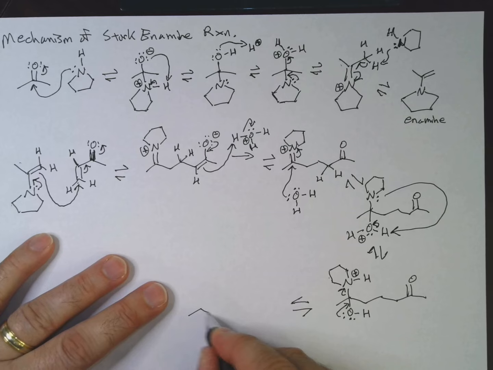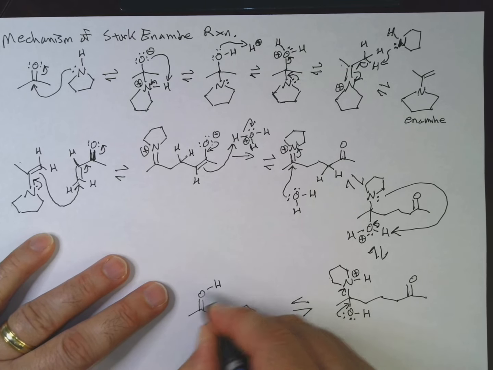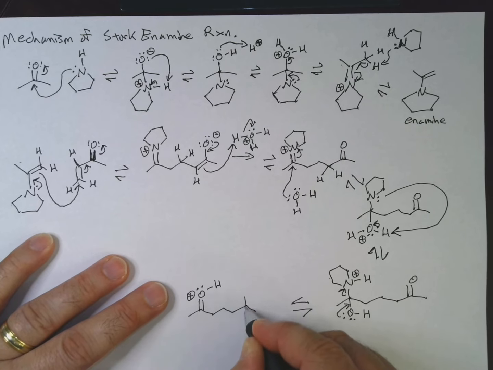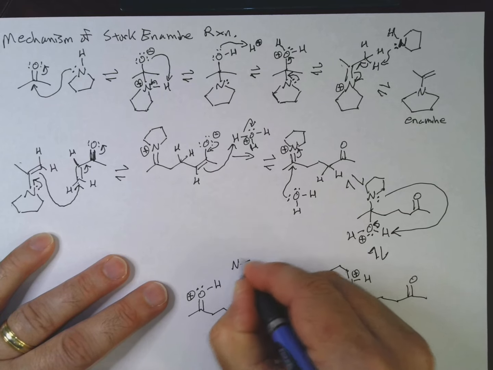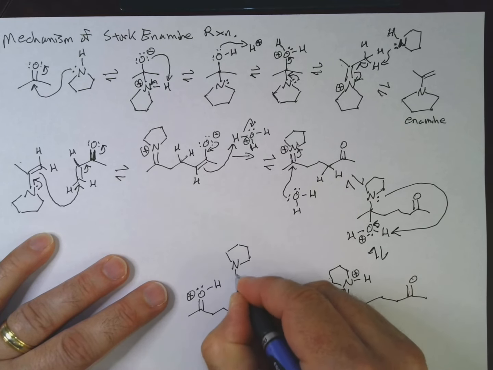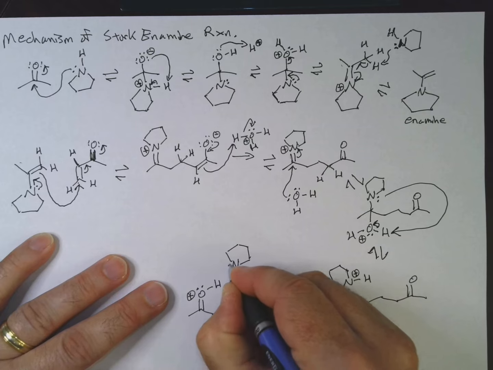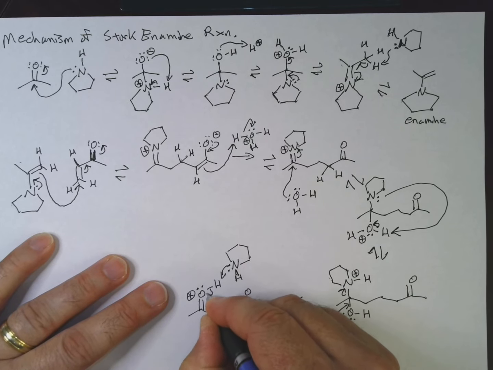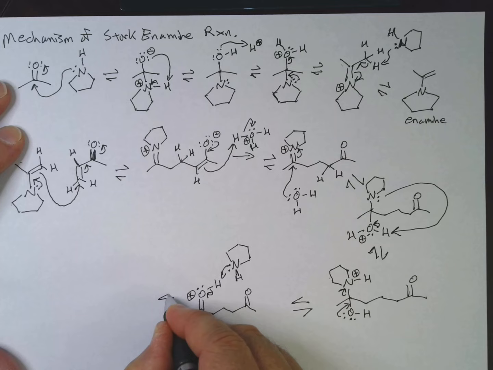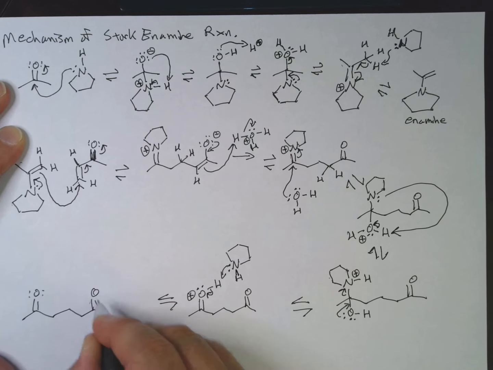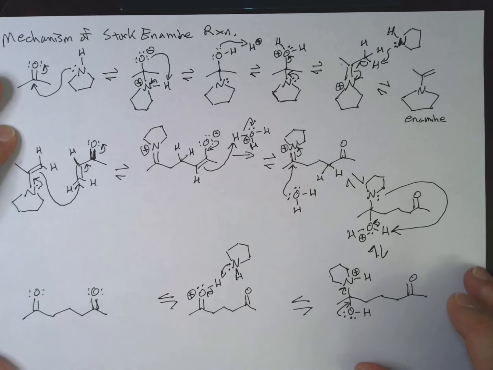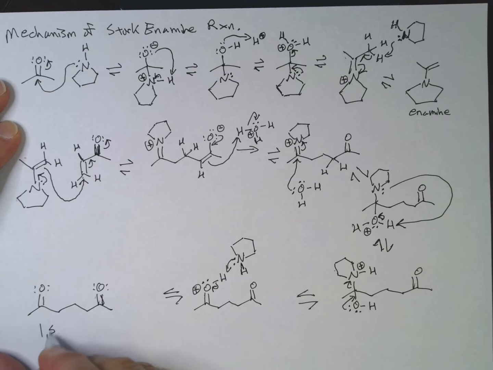And that'll give us now, and now I can have, again, it's probably going to be my amine here because that's fairly basic. That'll come along, deprotonate, and I will get now my final 1,5-diketone.